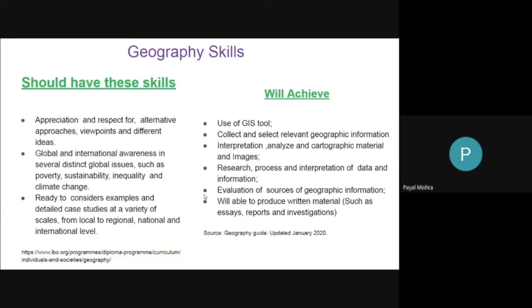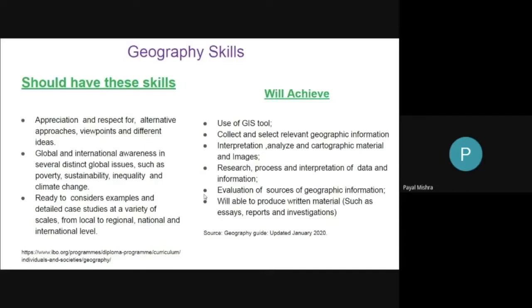The student should have these skills: appreciation and respect for alternative approaches, viewpoints, and different ideas. Global and international awareness of several distinct global issues such as poverty, sustainability, inequality, and climate change. Readiness to consider examples and detailed case studies at a variety of scales from local to regional, national, and international levels.